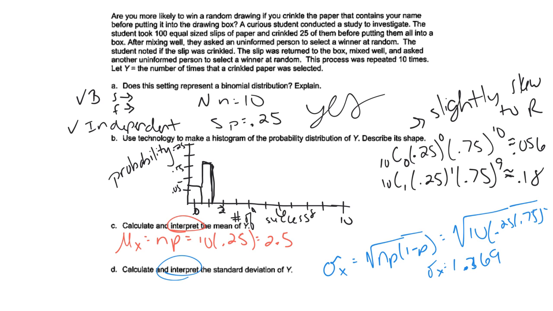Again, it asks me to interpret. Using my sentence stem, the number of crinkled papers pulled out of 10 trials typically varies by 1.369 from the mean of 2.5. Make sure you include your interpretations.